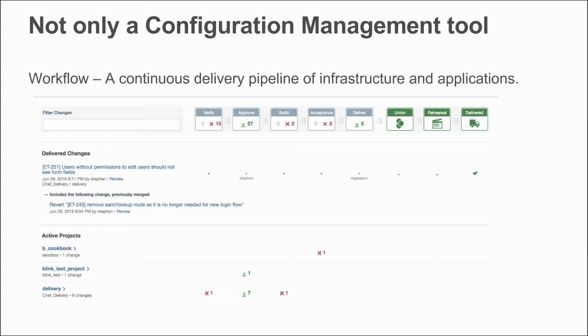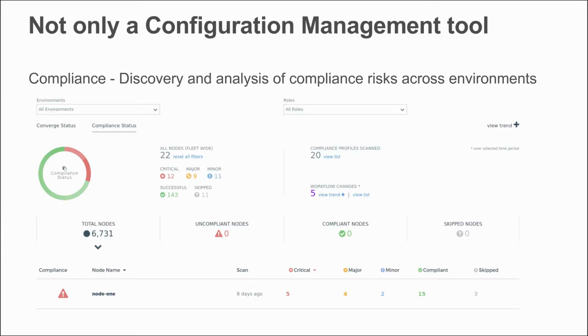It has all sorts of stages like verify, approve, build, acceptance, and deliver that you can walk through, which all have approval stages where you can share some insights with your other developers to understand whether a change is ready to be shipped. And you can track all the status of a specific change throughout this pipeline using this console. As I mentioned before, we'll demonstrate this towards the end of the session.